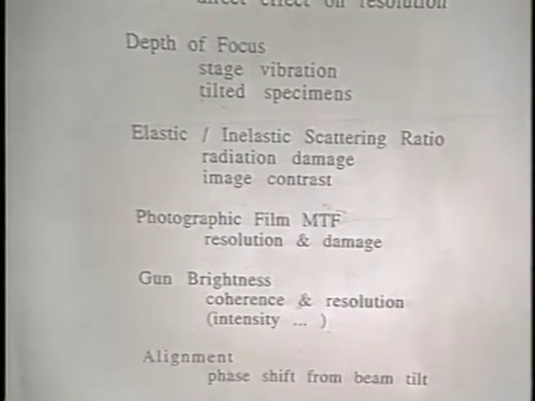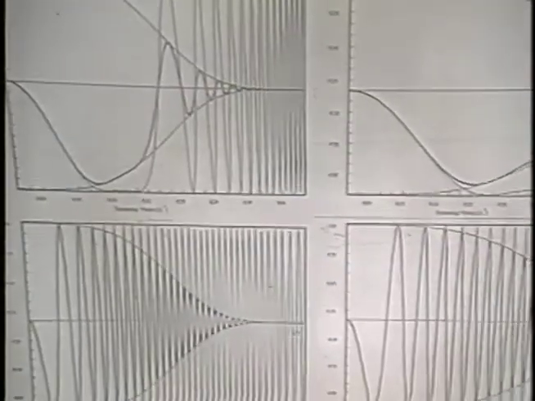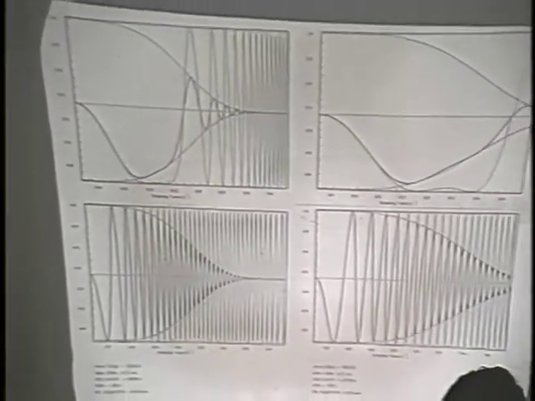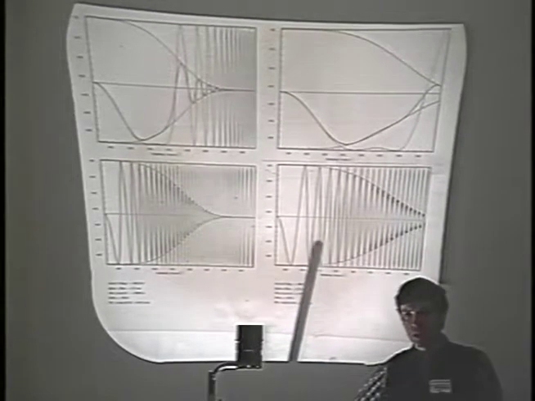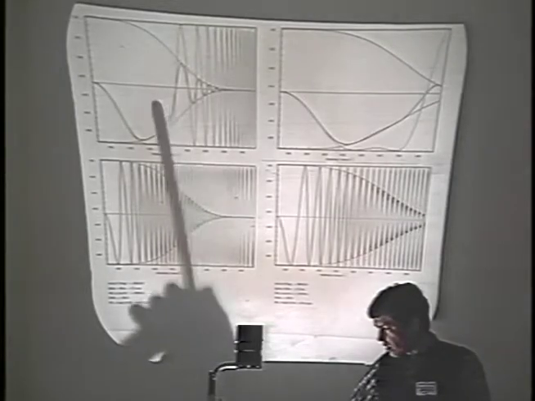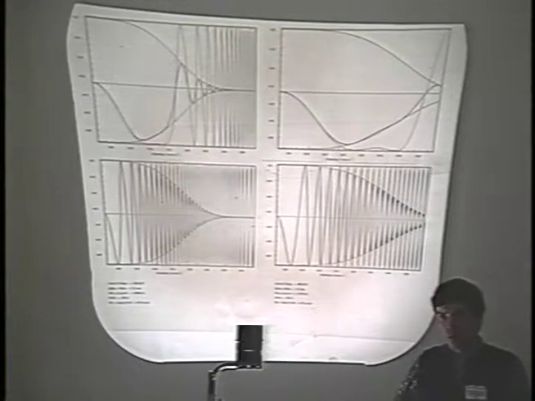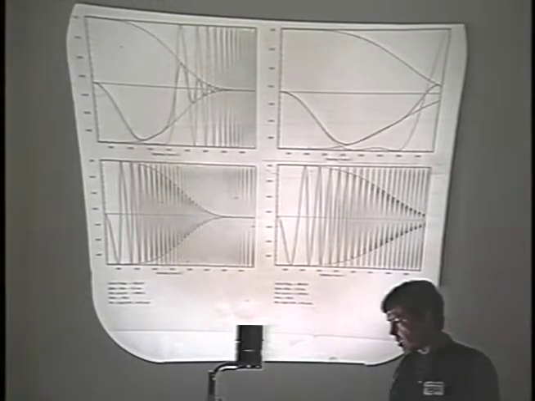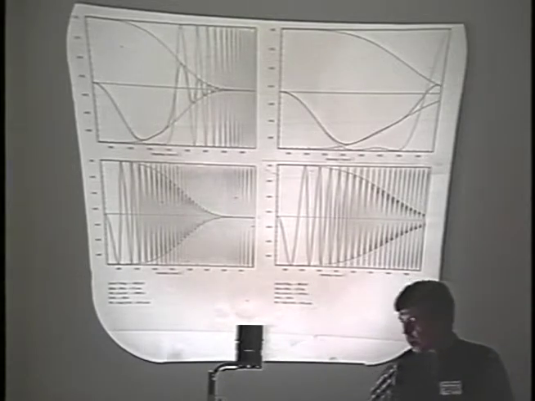Basically, if we look back to this picture here, let me just point out that the defocus in these bottom plots is about 1 micron. In the top plots, the defocus is close to Scherzer focus for either 100 or 400 kV. In the bottom plots, the defocus is about 1 micron.